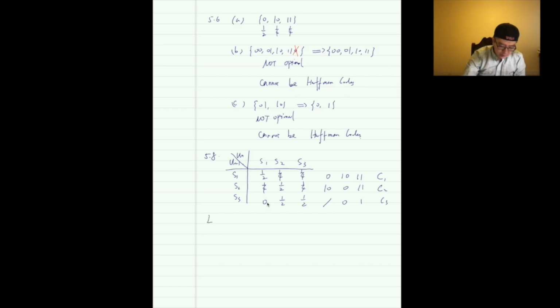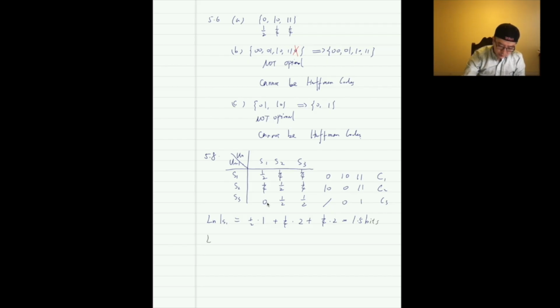Okay, now let's compute the average code length. Let's say Ln given the last state is 1. Then we have 1/2 multiplied by 1, plus 1/4 multiplied by 2, plus 1/4 multiplied by 2, which is 1.5 bits.